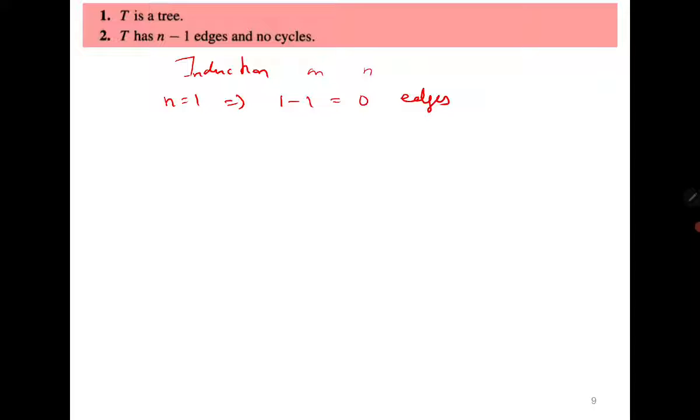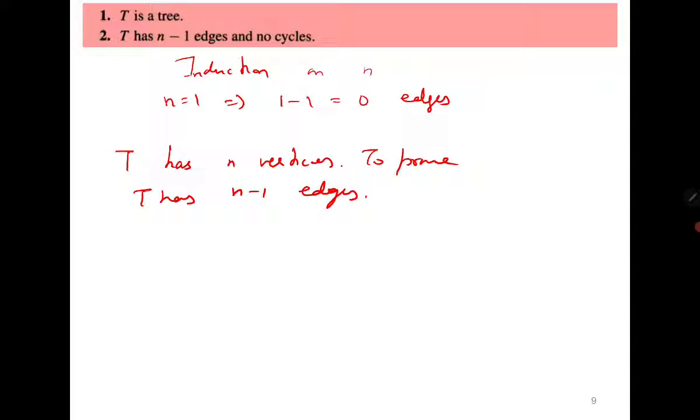The next one is, let us assume that the result is true for all the graphs with less than or equal to n minus 1 vertices. So consider T has n vertices, and we have to prove T has n minus 1 edges.